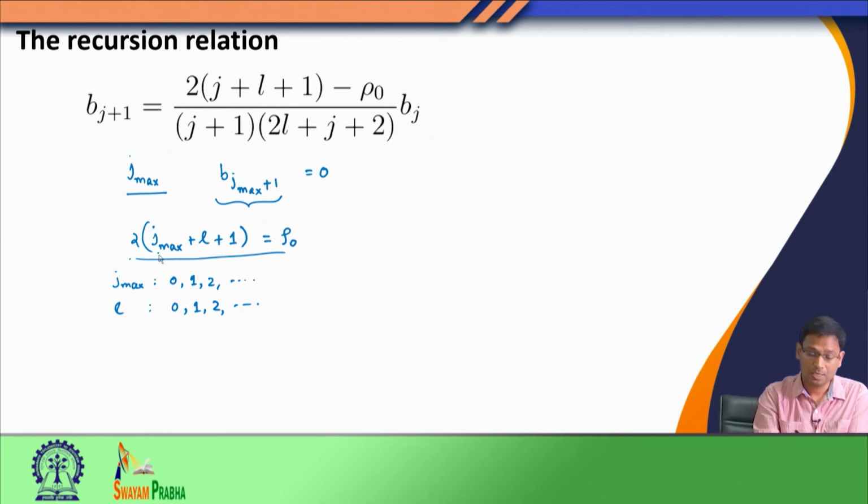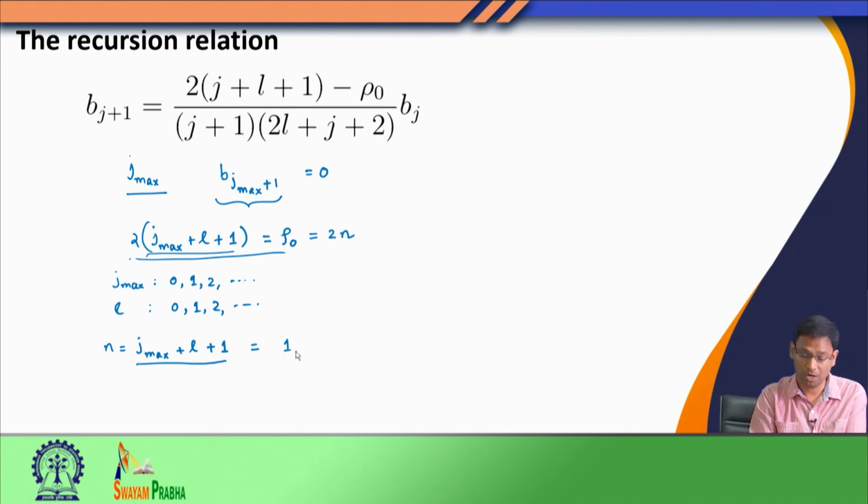So, this quantity on the left hand side is going to be an integer. j max is an integer, L is an integer, 1 is an integer, so the sum of the three would be an integer, and let us call this a new integer n, where n is defined as j max plus L plus 1. Since j max and L start from 0, the new integer n would start from 1, 2, 3 and so on.